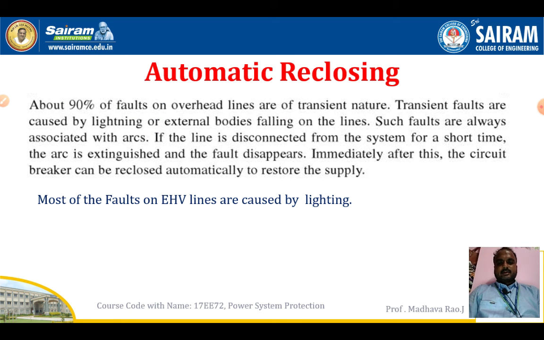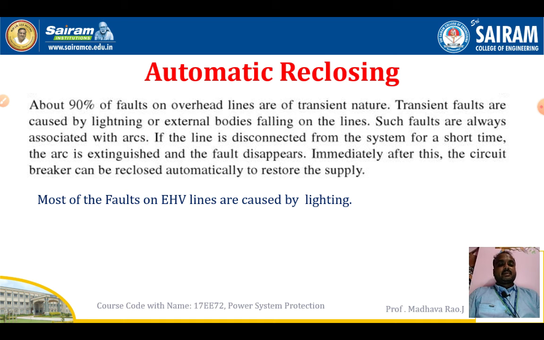Next we will see about automatic reclosing. Why is automatic reclosing required? About 90% of faults on overhead lines are of a transient nature. We cannot specifically say where the fault will occur.